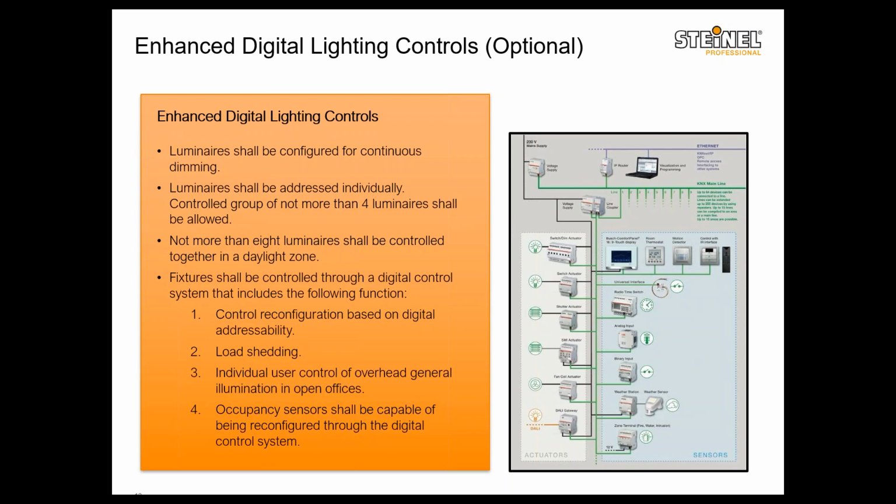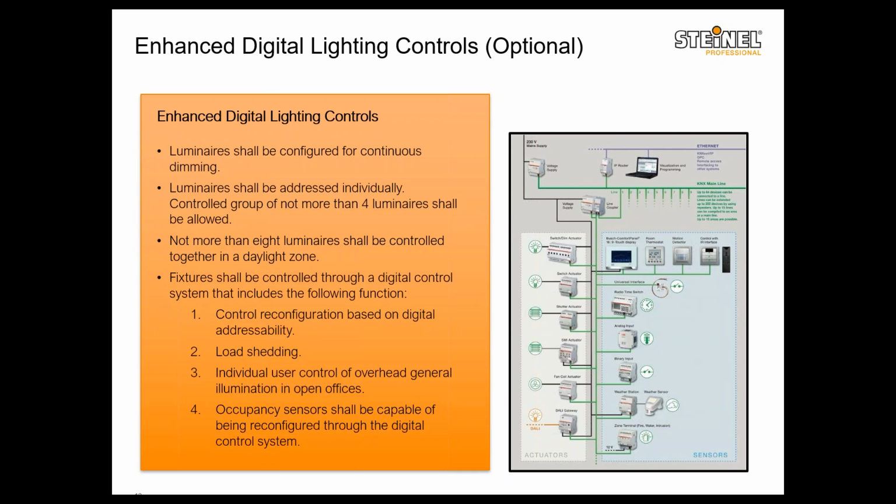which says luminaires shall be configured for continuous dimming. Luminaires shall be addressed individually. Control group of not more than 4 luminaires shall be allowed. So basically, we have to address and control each luminaire individually, and also each group cannot exceed more than 4 fixtures. And also, you cannot have more than 8 luminaires together in a daylight zone.